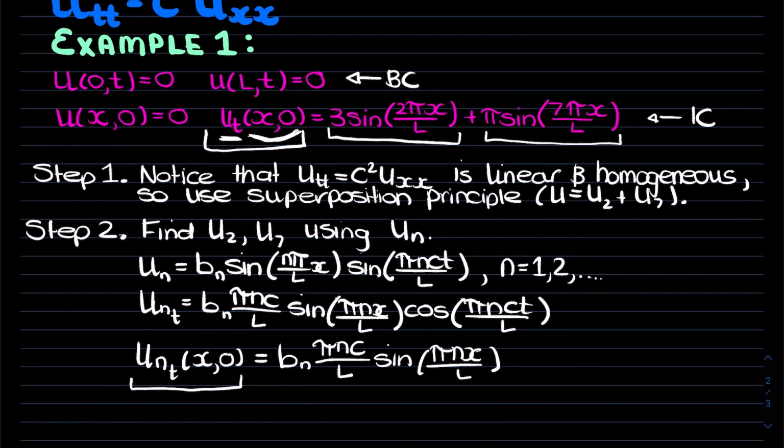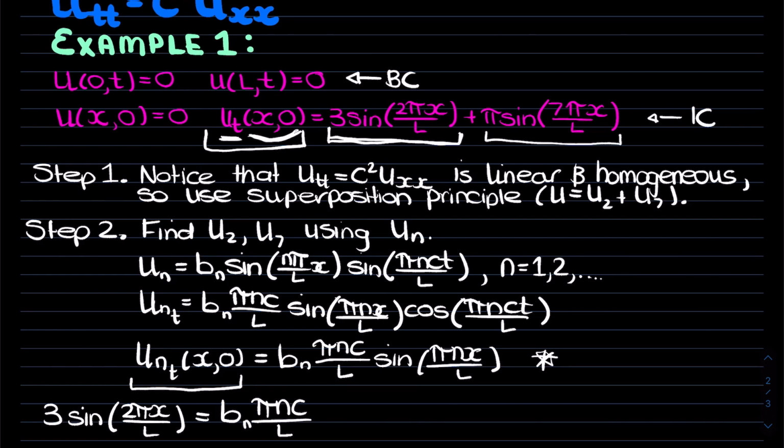Now, because we're using the superposition principle, we're just going to take the first term here. So we're going to set 3 sin(2πx/L) equal to this side over here, b_n (nπc/L) sin(nπx/L).